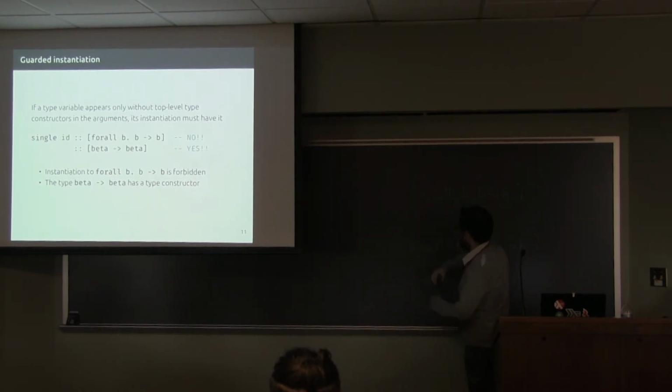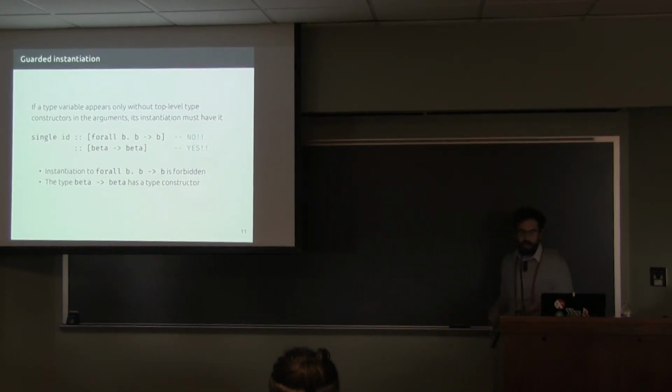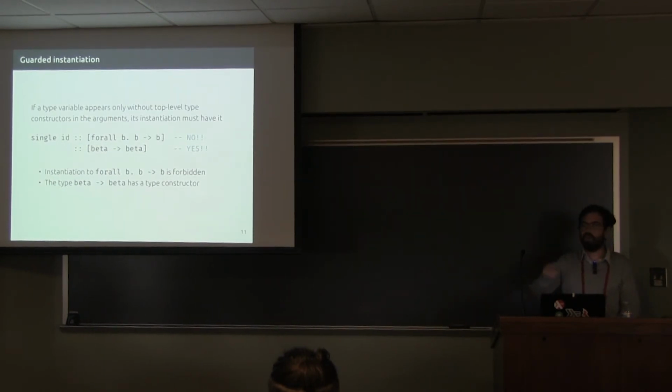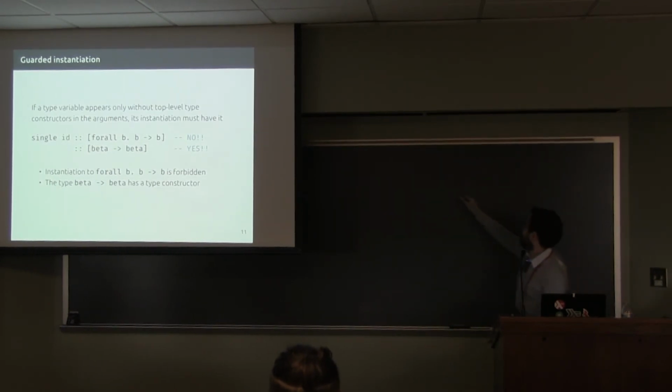But actually, in Haskell, there is only one type constructor where you still want to be a bit co- and contravariant, and that's in the case of arrows.